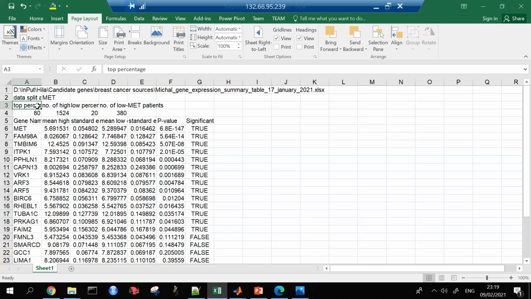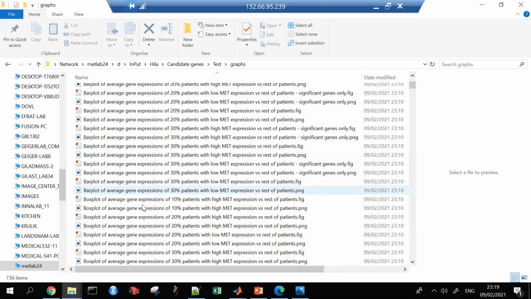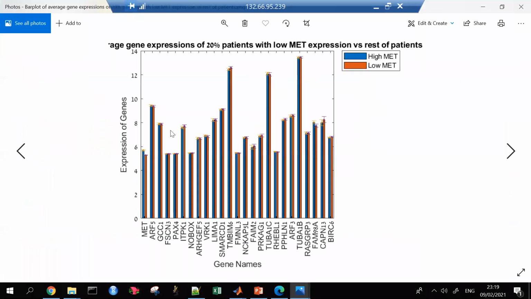The patients which don't have low MET, and the low percentage is the 20% of the patients with low MET. We can look at this graph as well. So we have a bar plot with 20% patients with low MET.